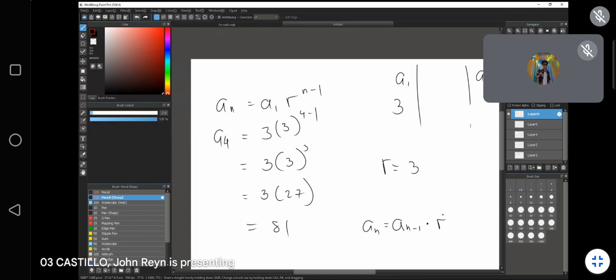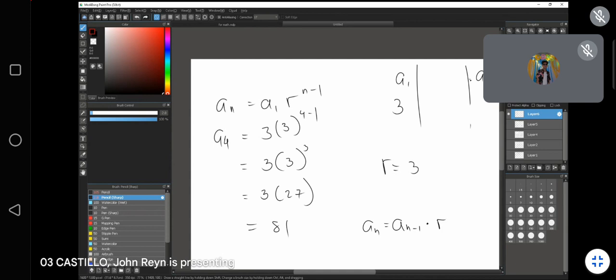You think, can I generate the next term a sub of 2 if I do not have the ratio? I cannot. Okay? Because there's no two consecutive terms magkadikit, no? There are just terms written beside each other. I cannot have the ratio. So I cannot use this.